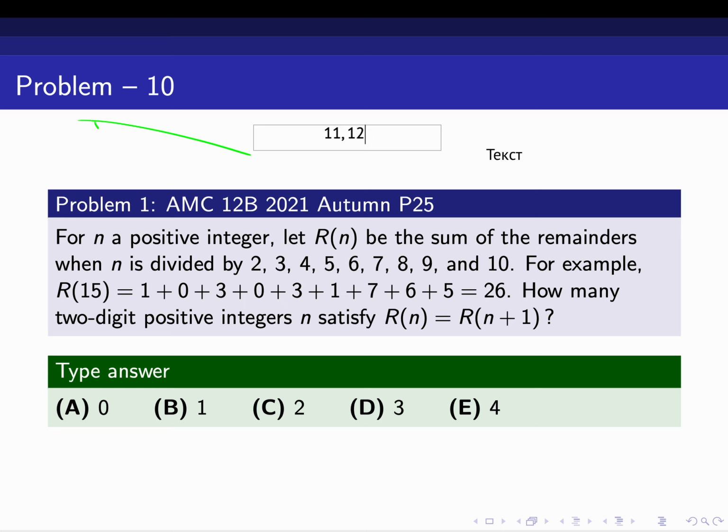11, 13, 17, 19, 23, 25 no, 29, 31, 33, 35, 37, 41, 43, 47, 51.